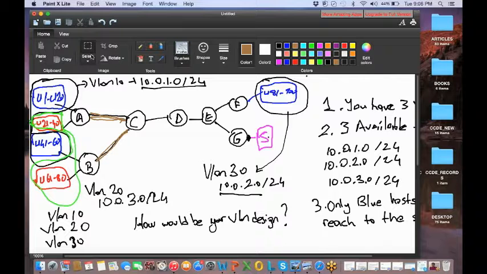Is this clear, guys? So the end goal can be easily achieved with different network designs, but one will probably be the most optimal, and CCDE will at least try to find this one, and will test you based on this, the most optimal one.